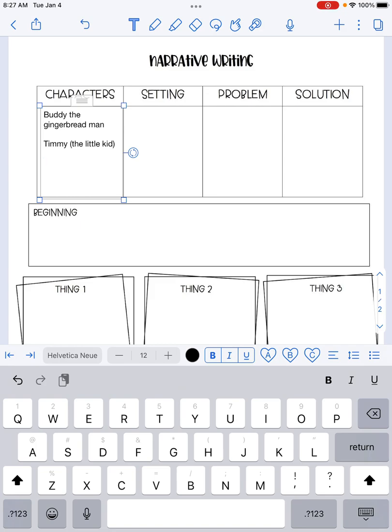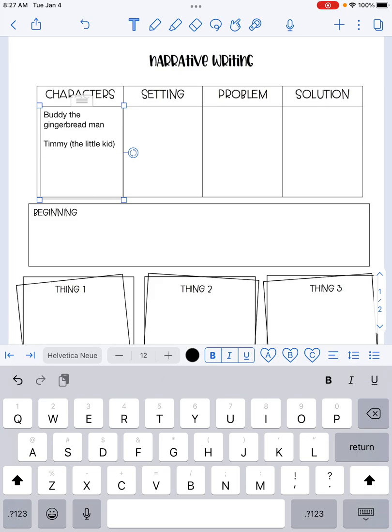And you at least need two characters. If your gingerbread man is going to escape using the help of anyone else, any character at all, whether that is an animal or a human, you'll want to list them too. Now that might include a truck driver, a neighbor, or a cat.